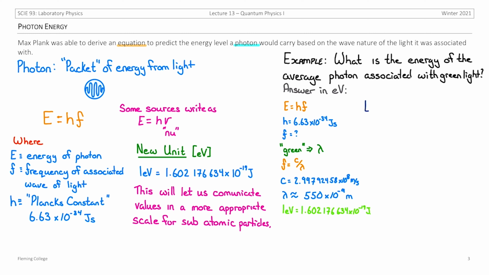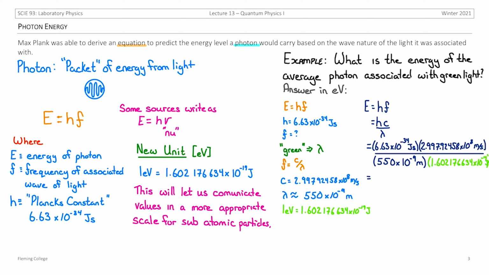Planck's equation is set up to calculate in joules, so we're going to convert it to electron volts as we do our answer. So setting up the equation, substituting for frequency, and substituting our known values along with our unit factor, we see that the approximate energy of a photon associated with green light would be 2.255595129 electron volts.